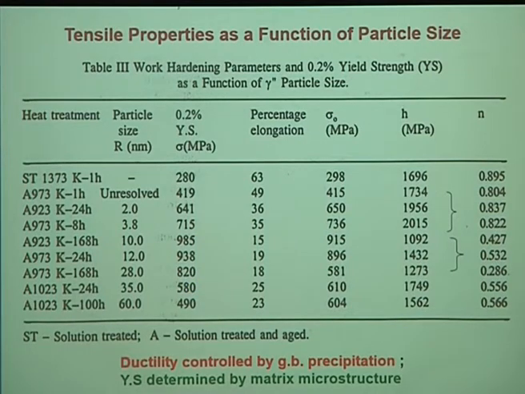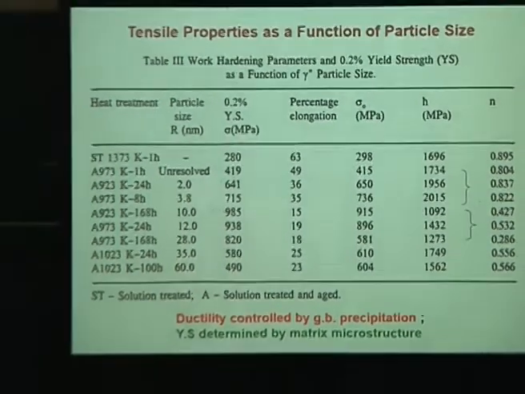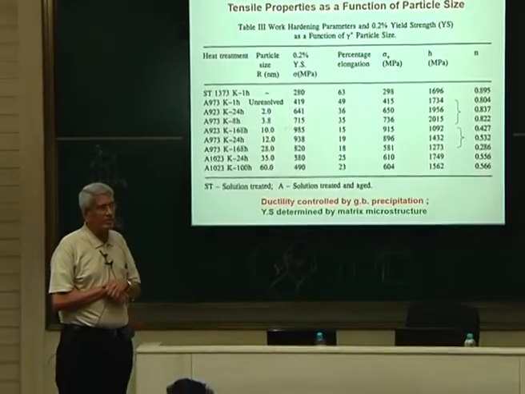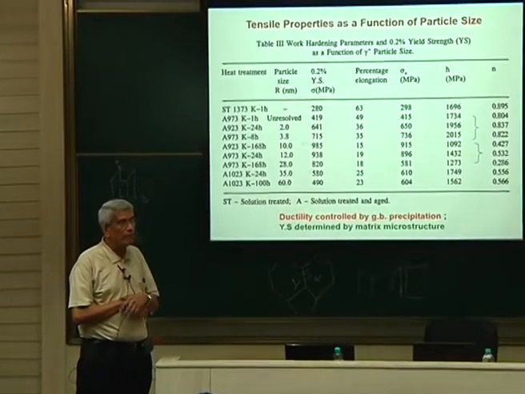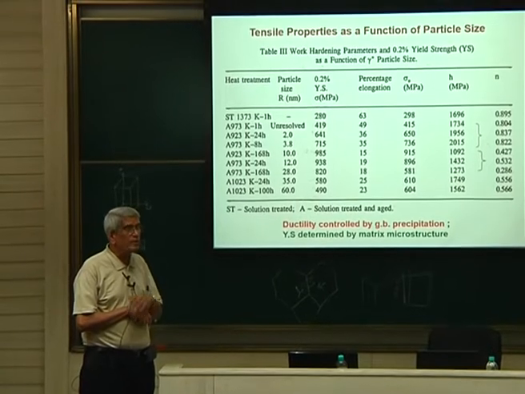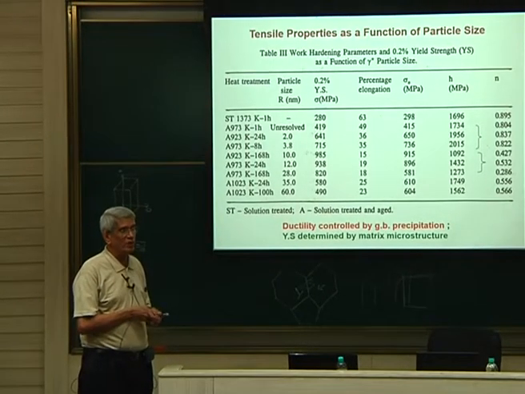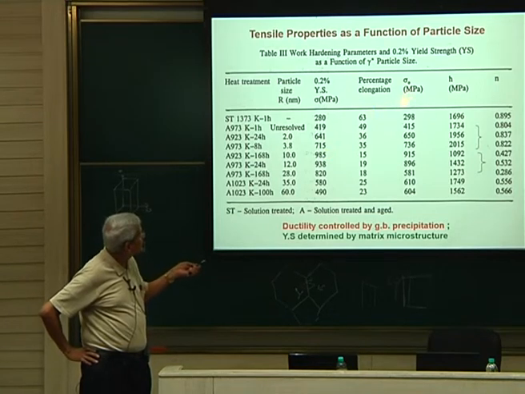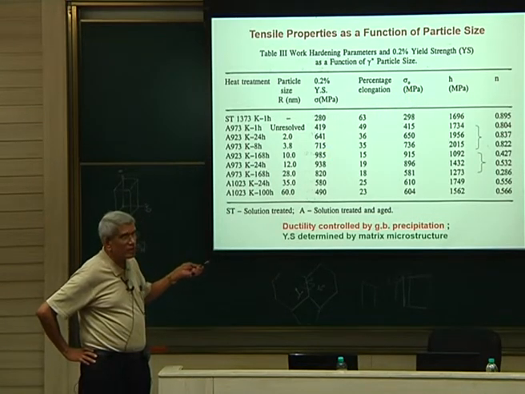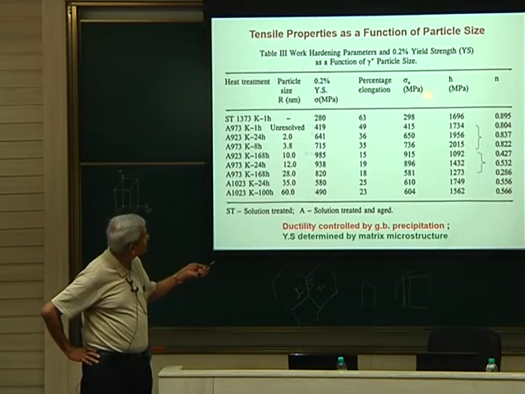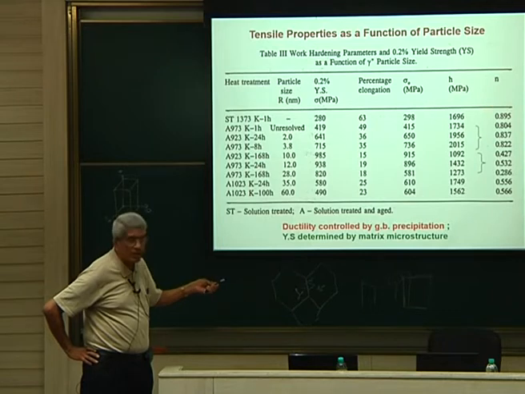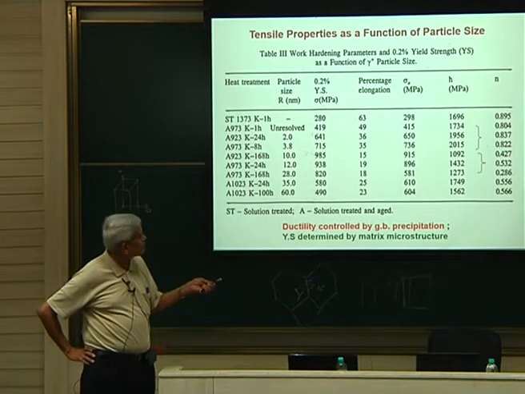How do I identify a particular type of mechanism occurring in the material from a stress strain plot? The change is the work hardening rate. That is essentially what has been done: a Ludwig plot, trying to plot it and find the value of n, the work hardening coefficient.